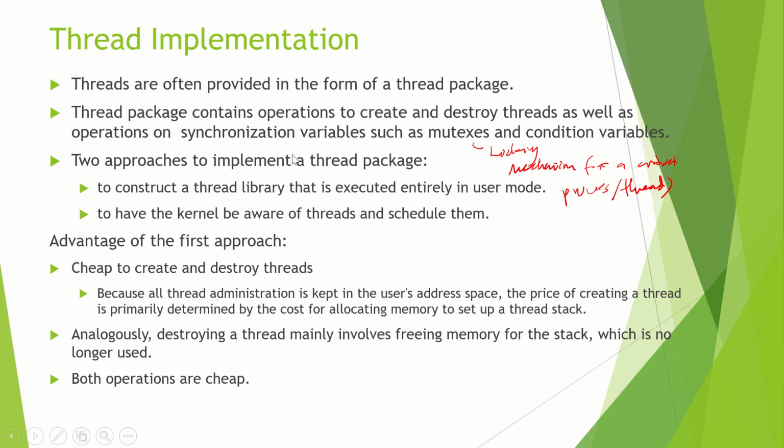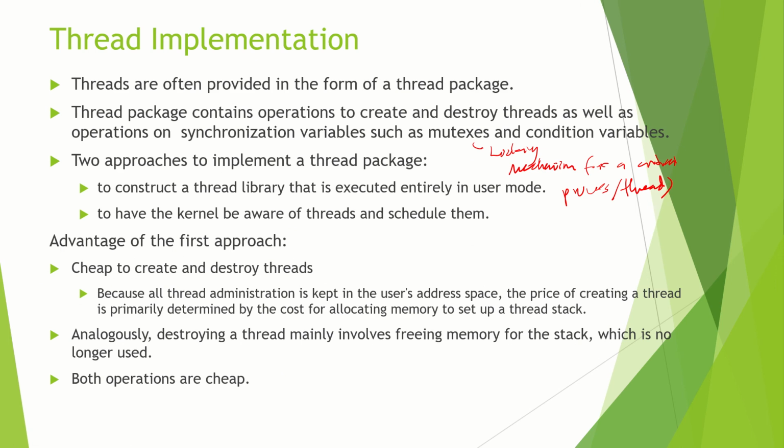There are two approaches to implement a thread package. One is to construct a thread library that is executed entirely in user mode, or user mode thread, and the other is to have the kernel be aware of threads and schedule them, or kernel mode thread.